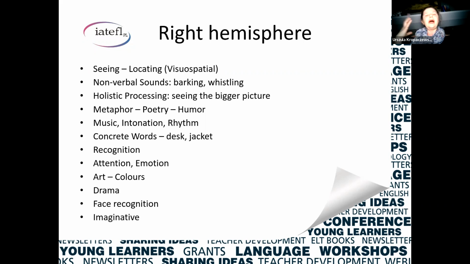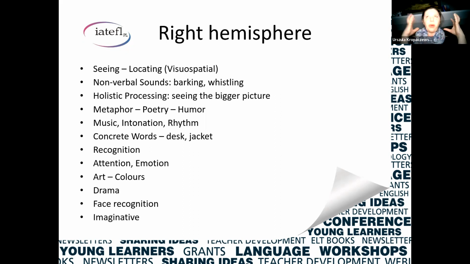Those people who are right dominant are better at remembering faces, so they are better at remembering pictures, they are better at, I don't know, performing, okay, but they cannot perform if they don't use the language.